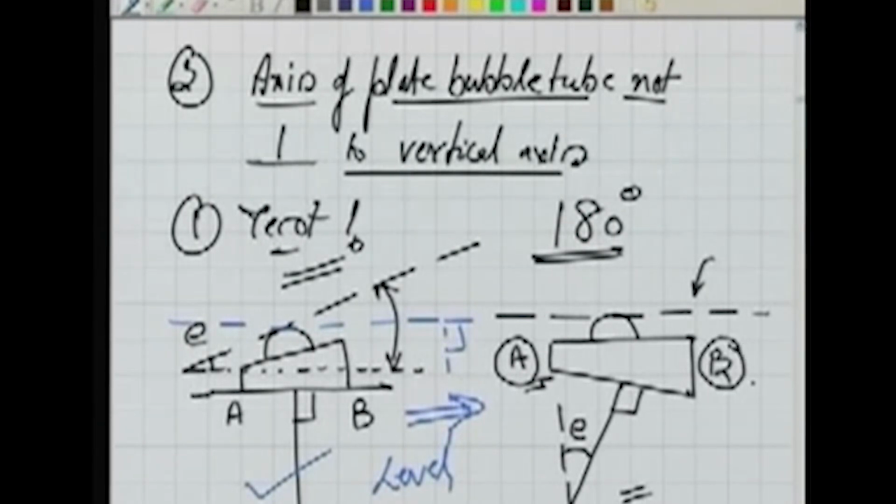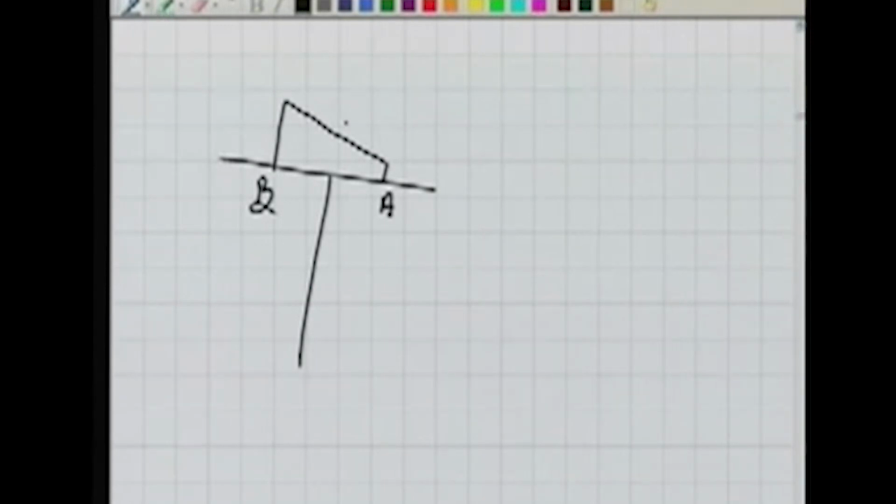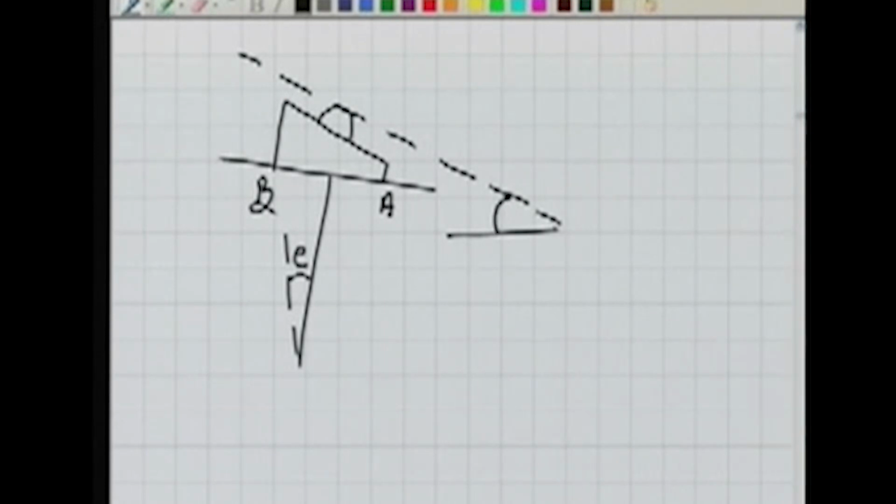If I rotate it by 180, this A will come here and B will go there. That is my plate bubble, and this is still at an angle of e. Because of this, you can easily find that at this stage the axis of the plate bubble tube will make an angle of 2e from the horizontal.